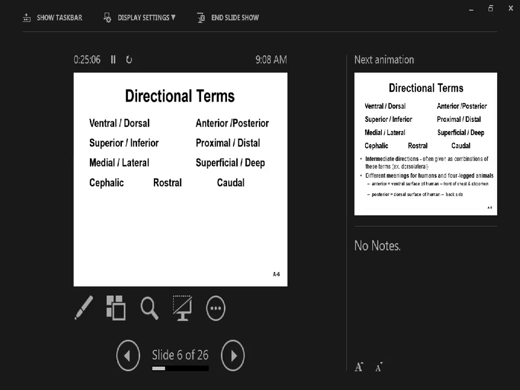What's the example they give you in your textbook? Proximal what? The elbow is proximal to what? The wrist. Distal: fingernails are at the distal ends of what? The fingers. Some students want to put superficial on my test. It makes sense, they're like, but the fingernails are sitting on top.